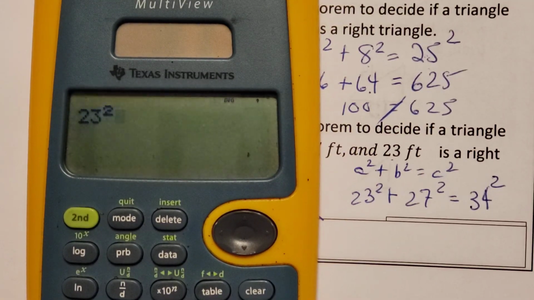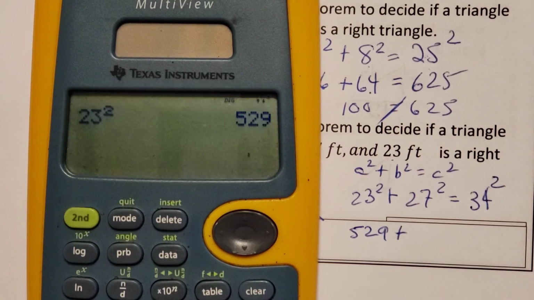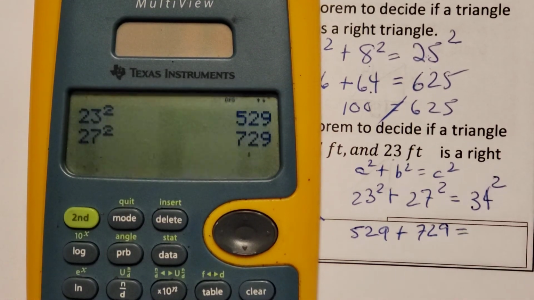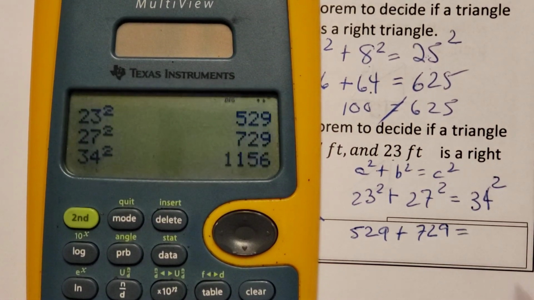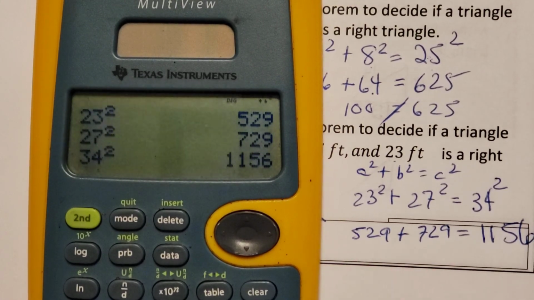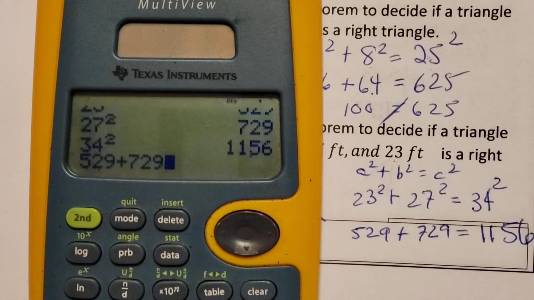23 squared is 529. 27 squared is 729. And 34 squared is 1156. So I'm going to see, do these two numbers added together equal 1,156? 529 plus 729 equals, whoa, did I say the right number?